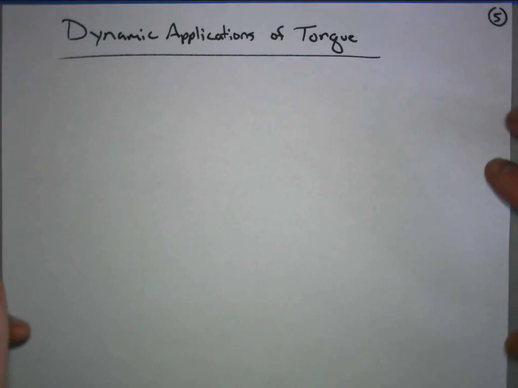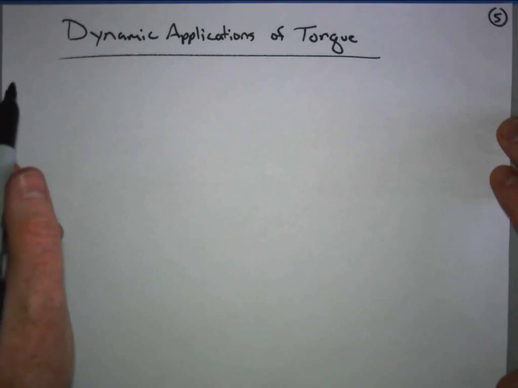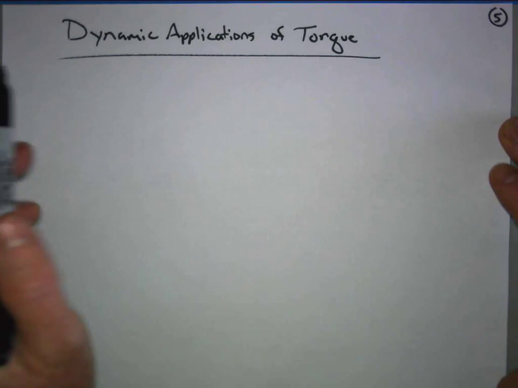After all, linear forces tend to cause accelerations when they are not balanced. Torques tend to cause angular accelerations when they are not balanced. Now, to start with, I actually do want to look at a linear situation.